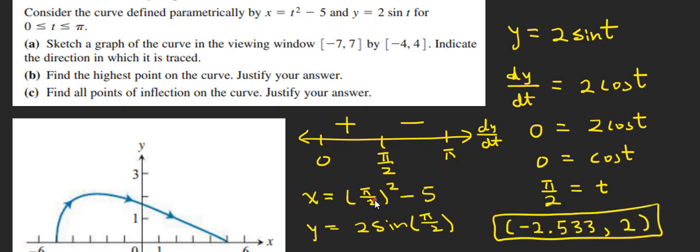When you substitute pi over 2 instead of t, you will get x as around negative 2.533, comma, the y value will be 2. So the highest point on the curve happens approximately at negative 2.533, comma, 2.